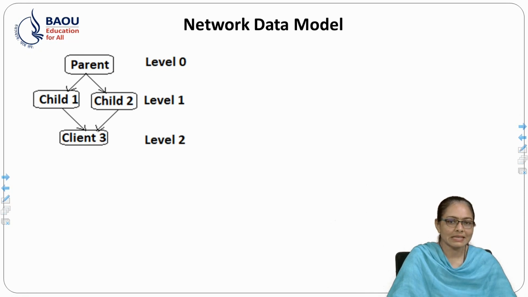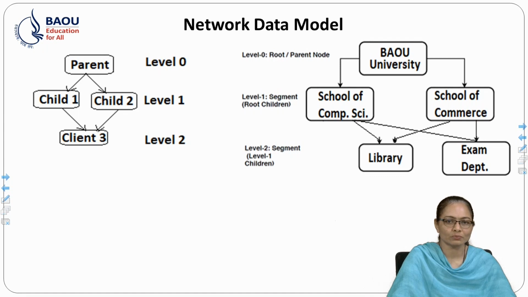Now, in figure 2, the distinctive network data model representation for a Bow University. The model represents 5 record types. Which are the 5 record types? Here we see the Bow University record types: the School of Computer Science, the School of Commerce, Library, Exam Department.